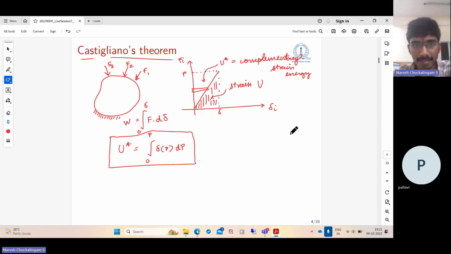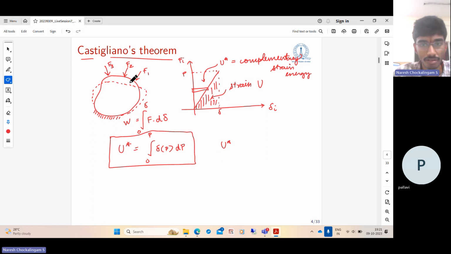Now, what the theorem states is that suppose we have a body which is already in the deformed configuration. There is a system of forces acting on the body, and it has deformed to some shape like this. In the deformed configuration, it has got some complementary strain energy due to the effect of all the forces acting on it.